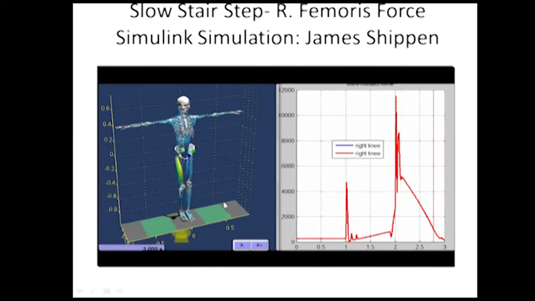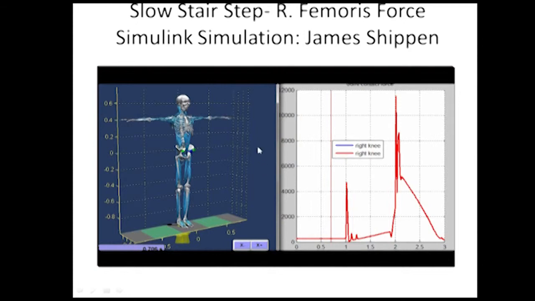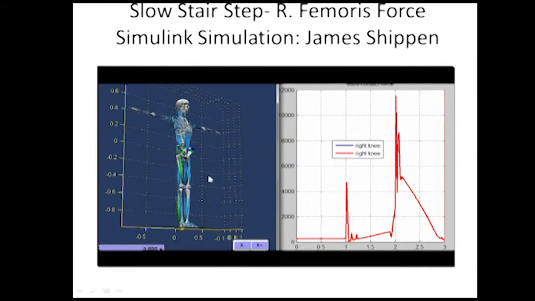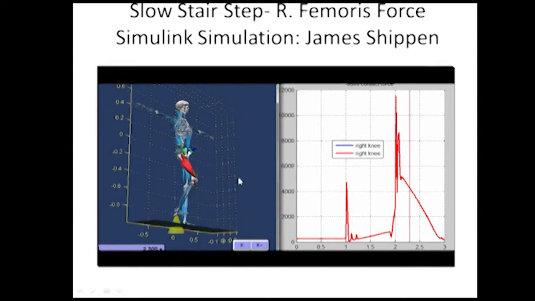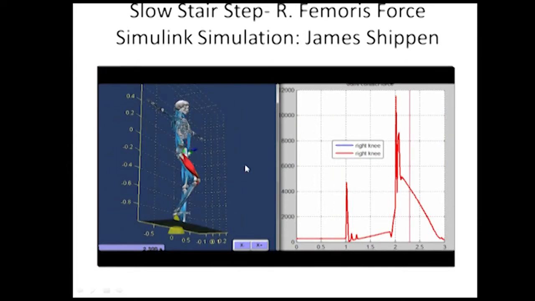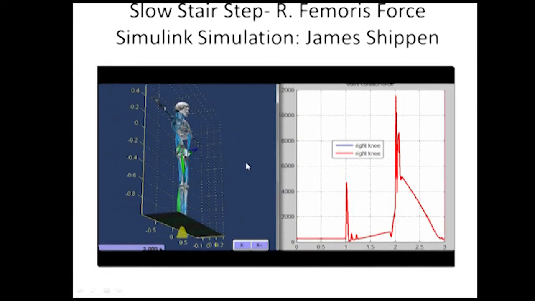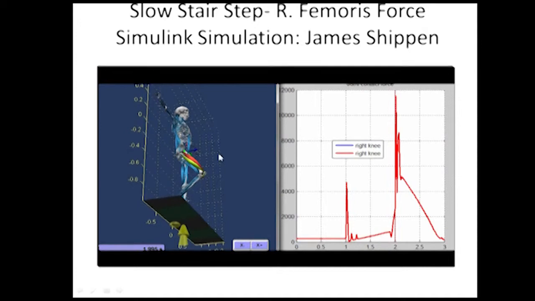The muscular forces are color-coded from green to red according to their activity level. And you can see that the force, which appears as an arrow, implies that the person is now stepping up on the stair, and then the stair is ascended.